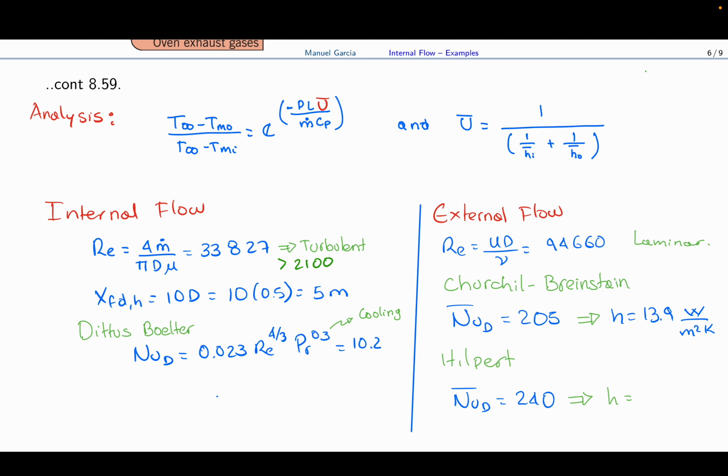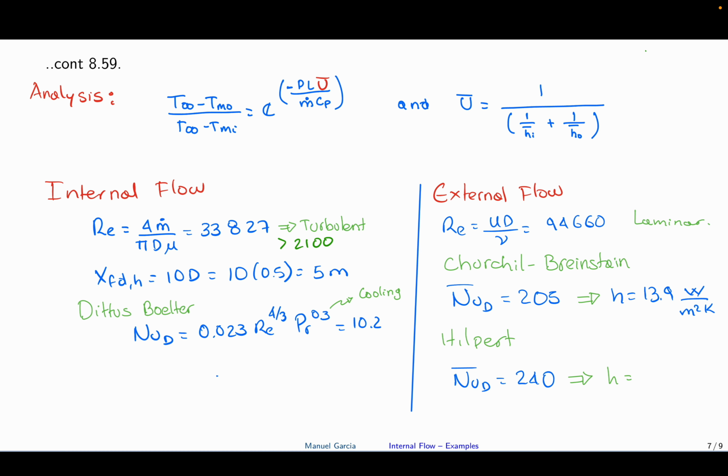Now Nusselt D is equal to h, and this is the average, so this is h multiplied by the diameter and divided by k. Okay, so we can solve for h, and we have that it is Nusselt D multiplied by k and divided by the diameter.